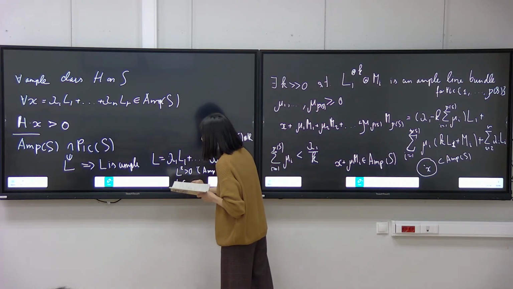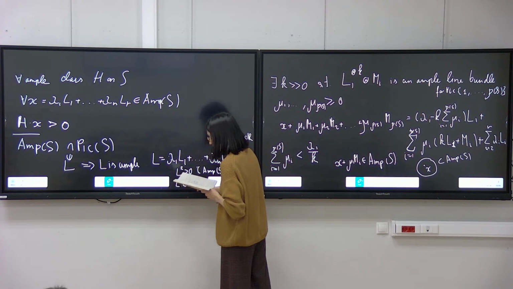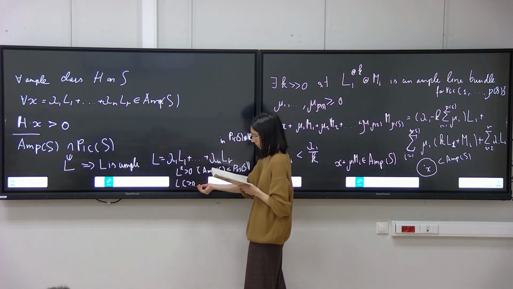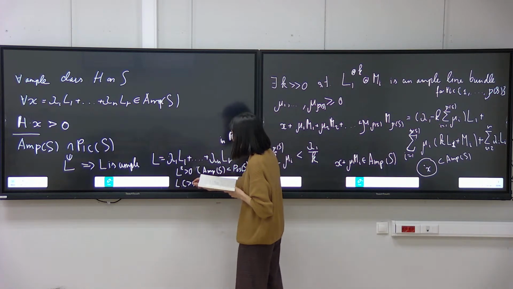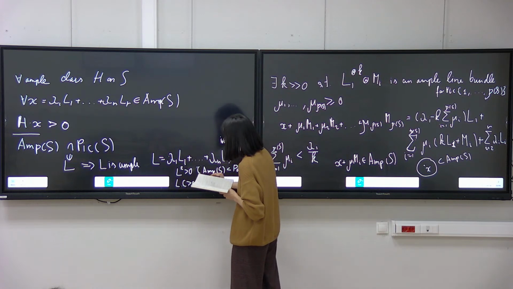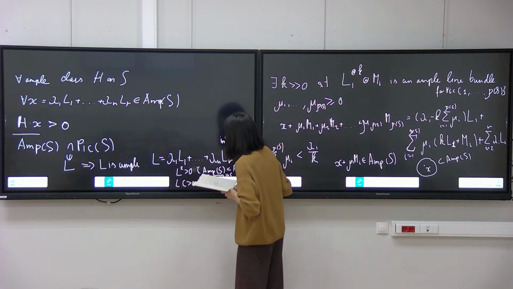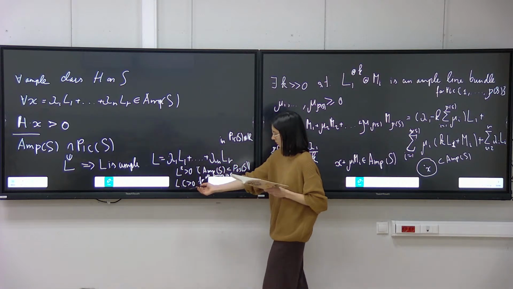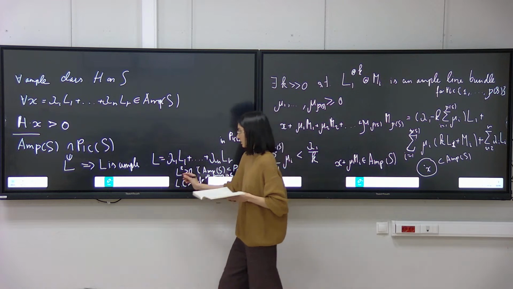And in fact, its intersection with all integer curves is also positive, for all curves in S. Then it's simple.